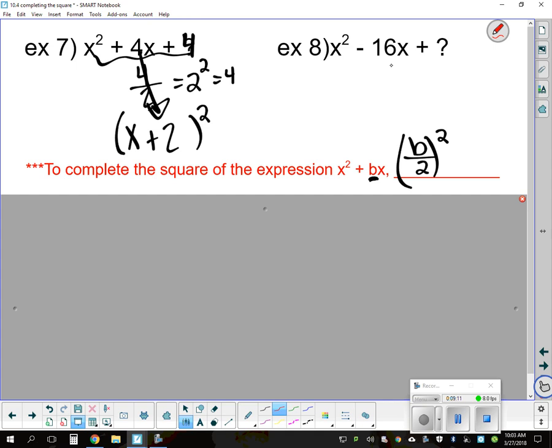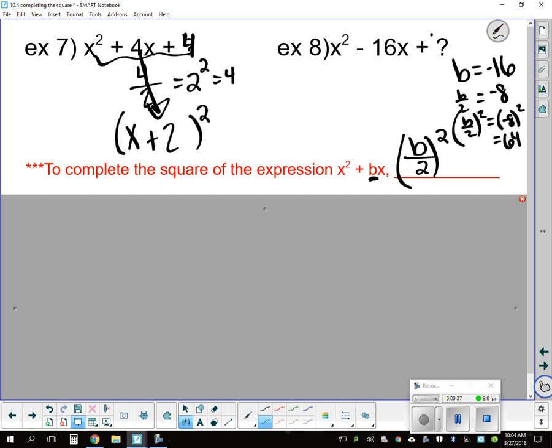So first of all, what is your b in this problem? b is -16. Then you want to take that b and divide it by 2. So b divided by 2 now gives you -8. Then you want to take that number and square it. So -8 squared is 64.